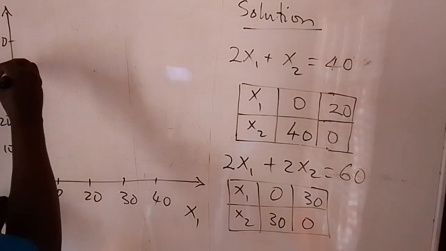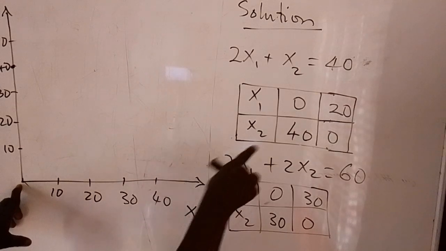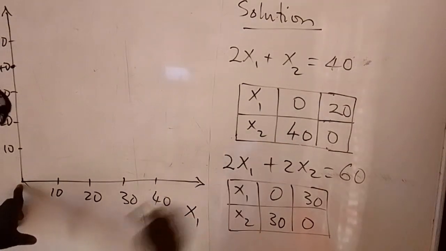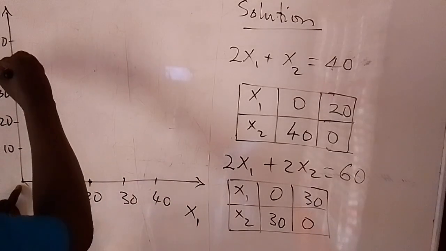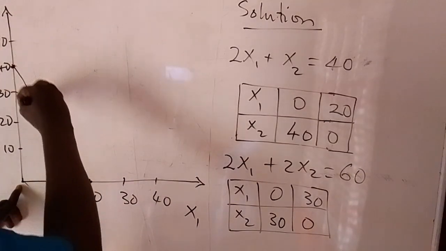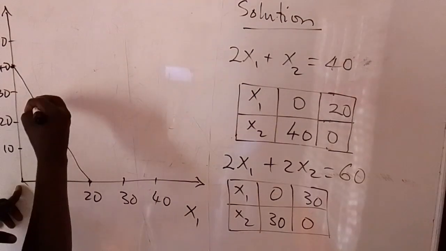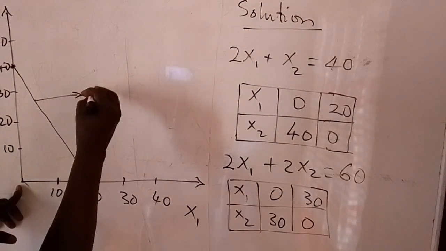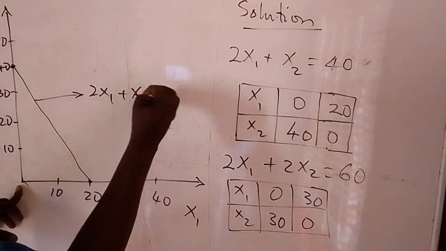That is here. And when x2 is equal to 0, x1 is equal to 20. That's here. So we connect this line. This is equation 2x1 plus x2 is equal to 40.